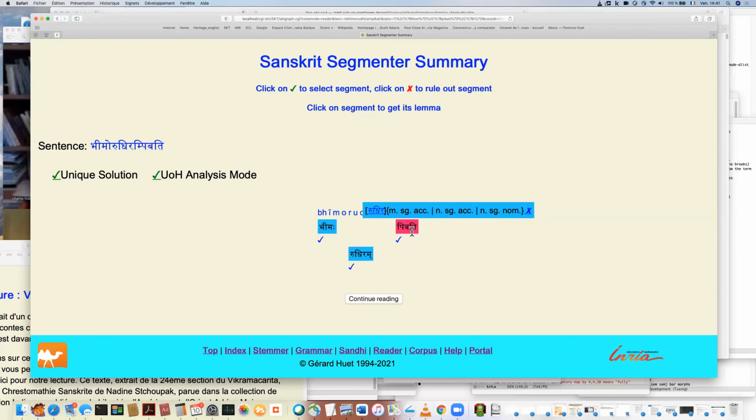Here you have two blue. Why? Because one is in karma, it's what is drunk, it's blood, and the other one is the agent, so it's pratama. So he is the one who's drinking. Bhima is drinking the blood.